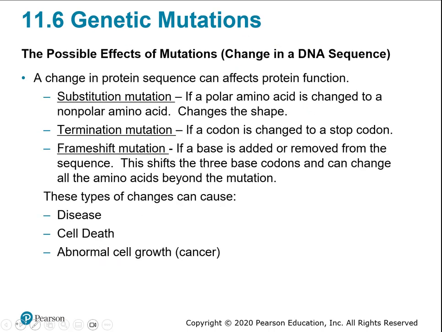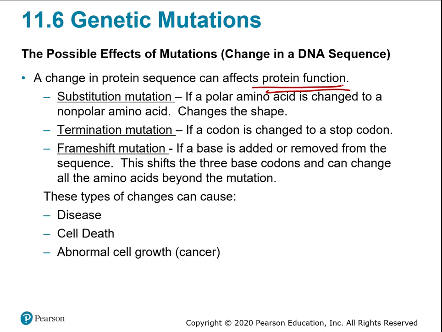If we had a mutation that changed the shape of the protein, that might change the protein's function. For example, what if there's a change in the DNA, and instead of a polar amino acid, you get a non-polar amino acid?